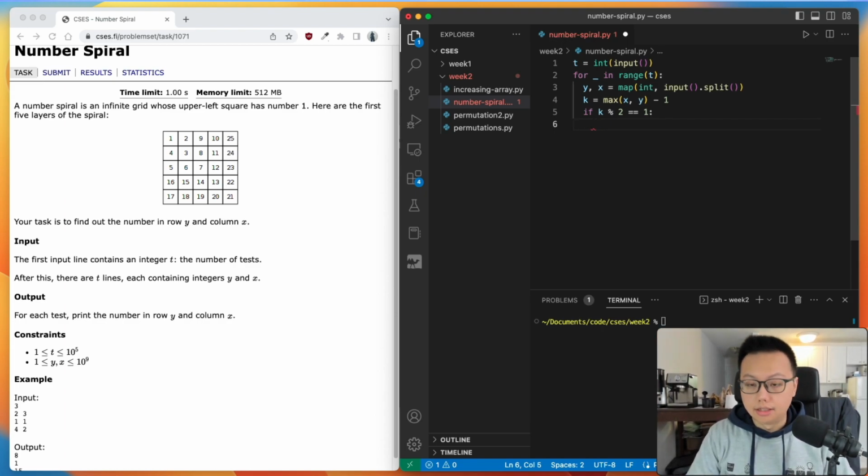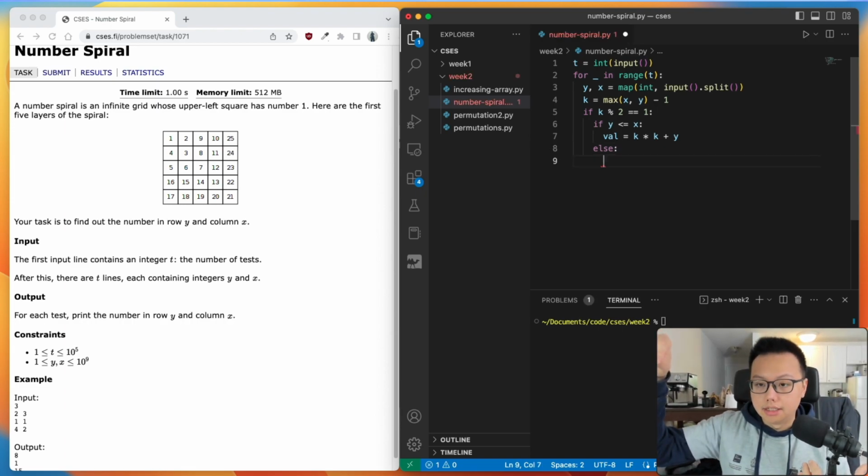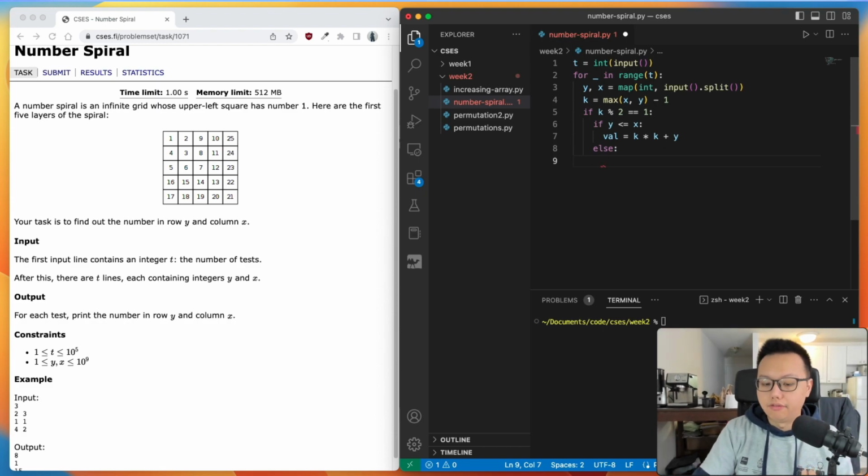In this case, if y is smaller than x, then we know that it goes from the first row down to the yth row. So this value will be k squared plus y. Otherwise, if y is larger than x, it means it passes the corner and goes to the left-hand side.